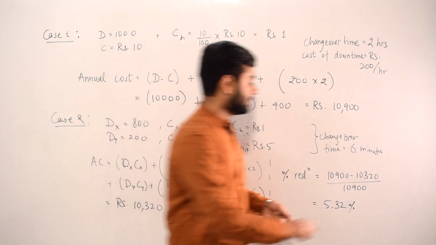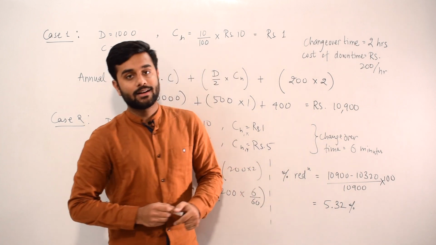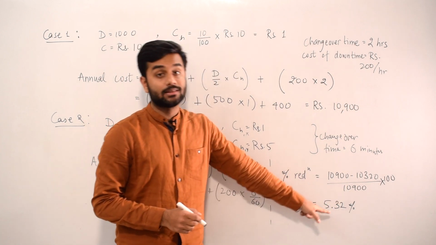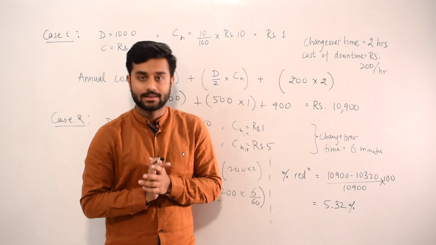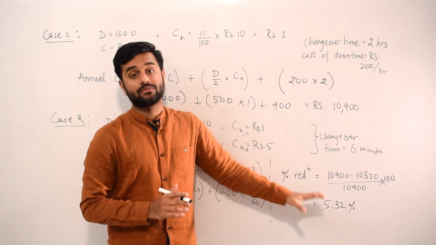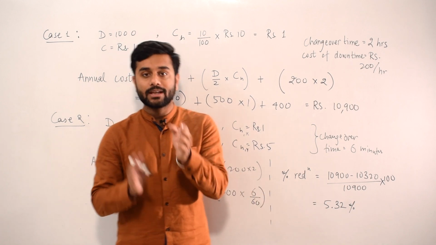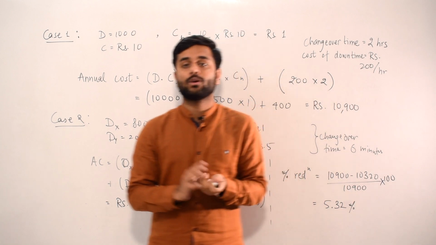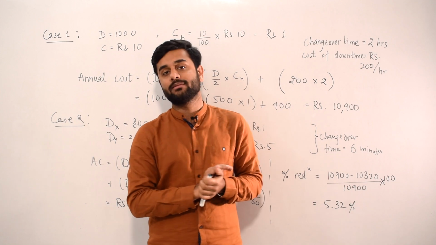And multiply that with 100. So ultimately you will get the answer 5.32, rounded to 2 decimal places as the question asked. Now this is the correct answer if we consider that whatever order was to be placed was placed in a single order and we are not having multiple orders, right?